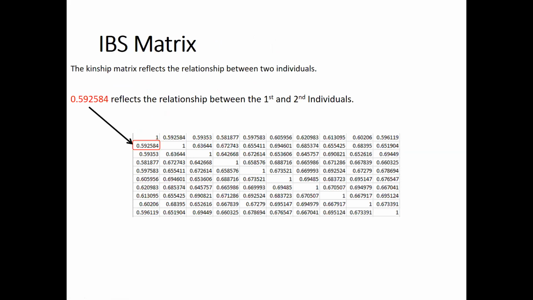This slide shows an example of an IBS kinship matrix of a 10 individual sample calculated by EMMAX. This one, the element from the second row, the first column, reflects the relationship between the first and the second individuals.